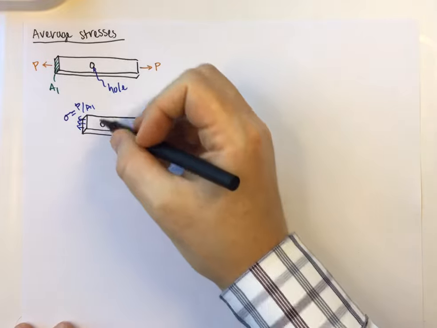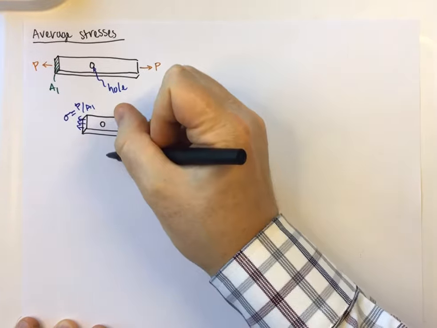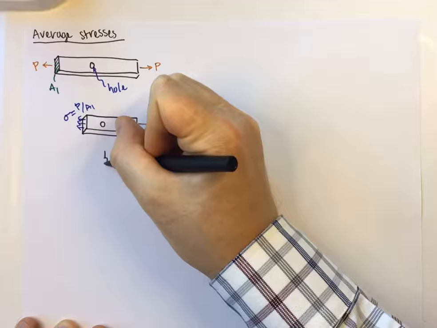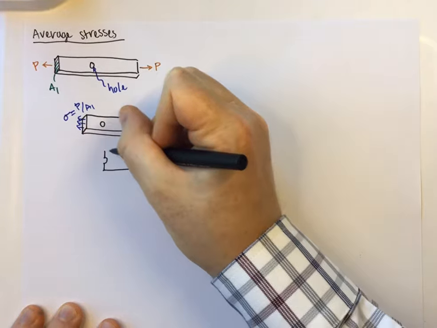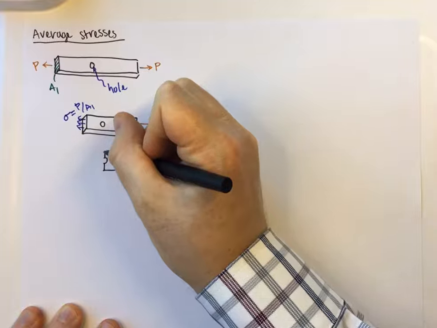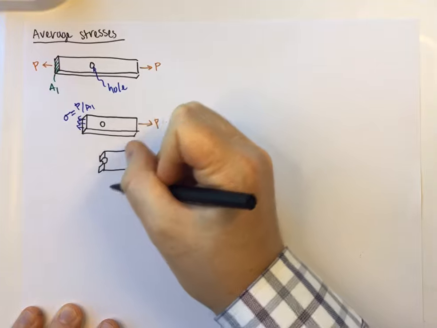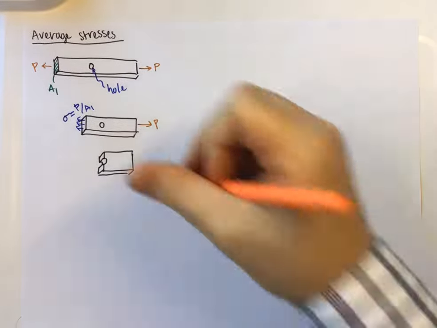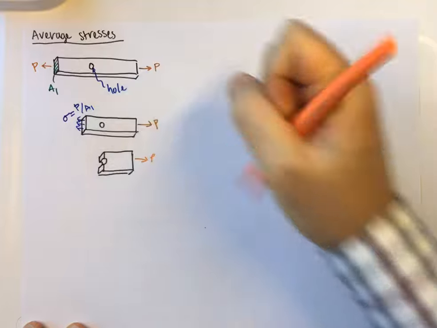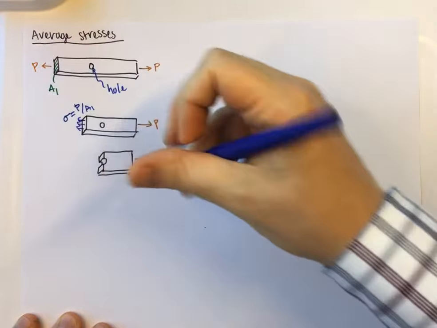The next question is, what happens if I take a cut a little bit closer to the hole, or right on the hole? So that's what I'm going to show next. Here's a cut right on the hole, and so that cut might look something like that. And we'd still have our force on here going that way, P, and we'd still have some stress on this side.